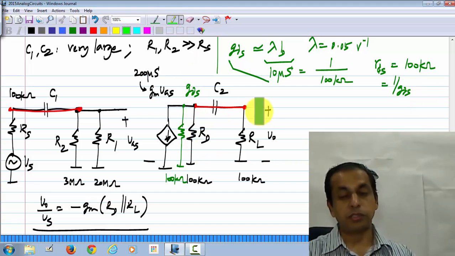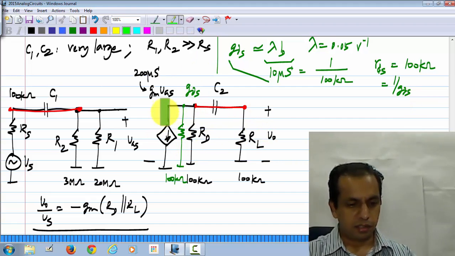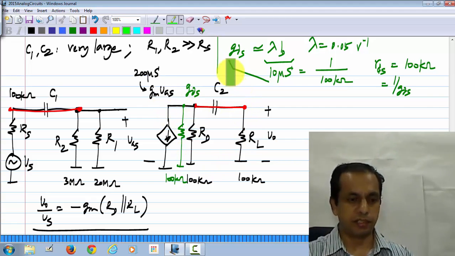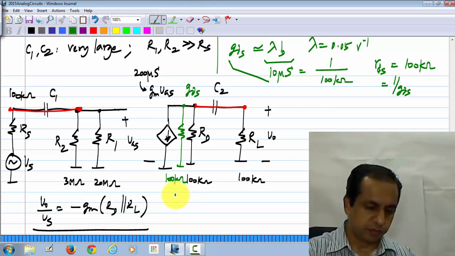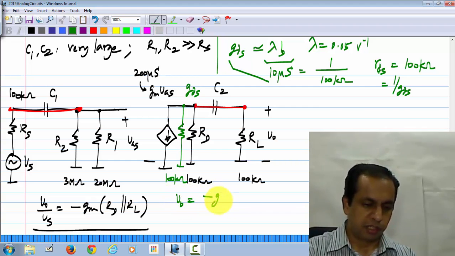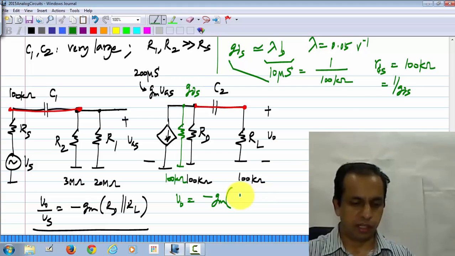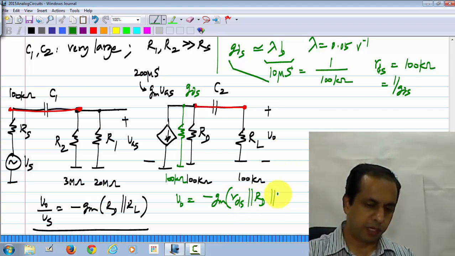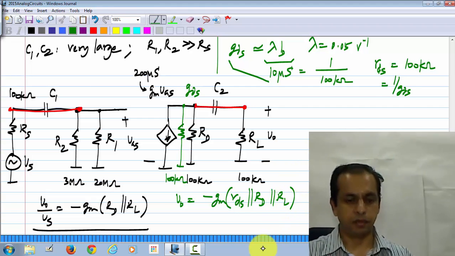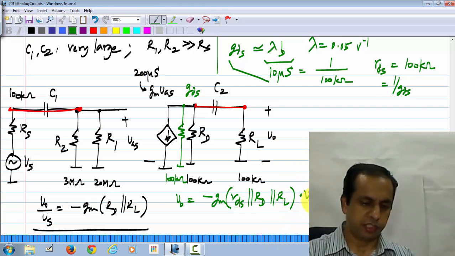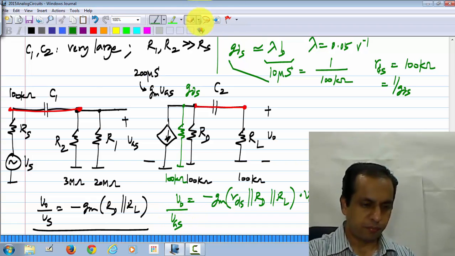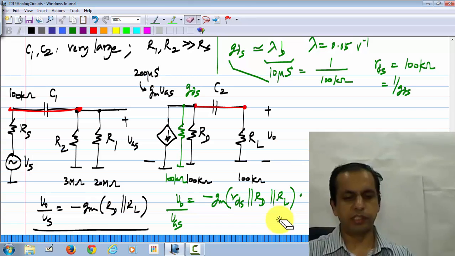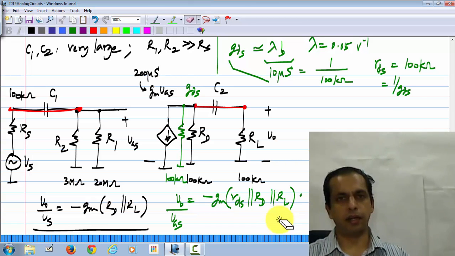So, what happens, all these three resistors are in parallel, the current GM times VGS goes into the parallel combination of these resistors. So, the output voltage would be minus GM, because of the polarity of the current, times RDS parallel RD parallel RL, times VGS, or the gain V naught by VGS would be minus GM times RDS parallel RD parallel RL.